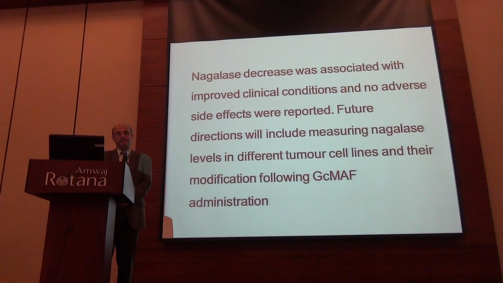See, if you compare it with, say, a family having a patient with cancer, have you tested the family and compared it with the patient? And in the interest of autism, have you compared the level of nagalase in an autistic child with a sibling or the parent? Is it different?